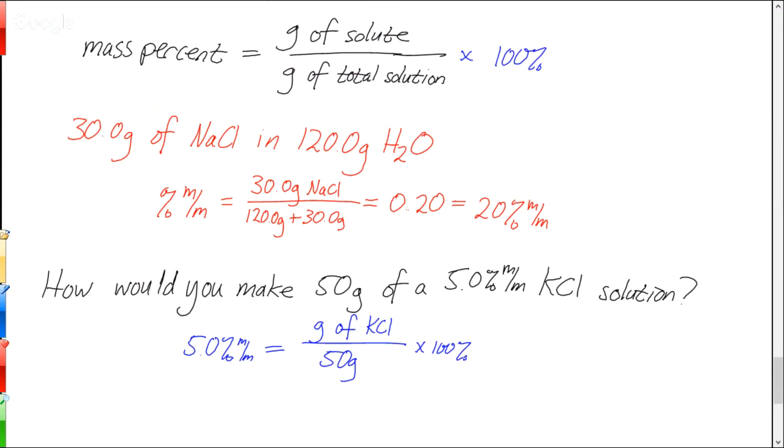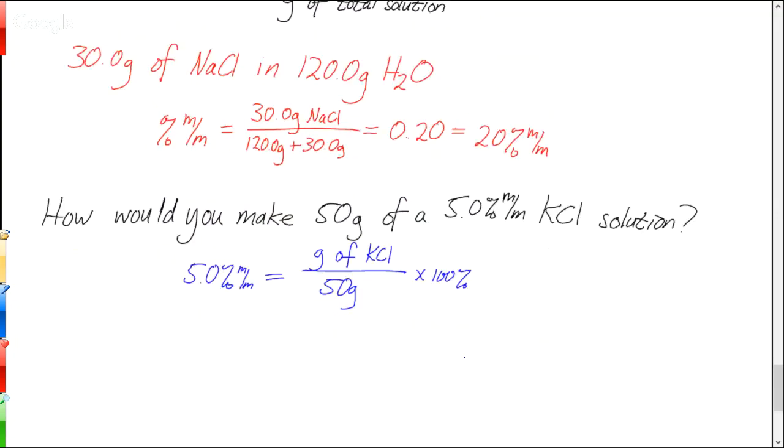So what percent of 50 is 5%, or what of 50 is 5%? It's 2.5 grams. So you solve for that, and that gives you 2.5 grams of KCl, and then the rest would have to be water. So that would be 47.5 grams of water. And that would give you 50 grams of a 5% solution.